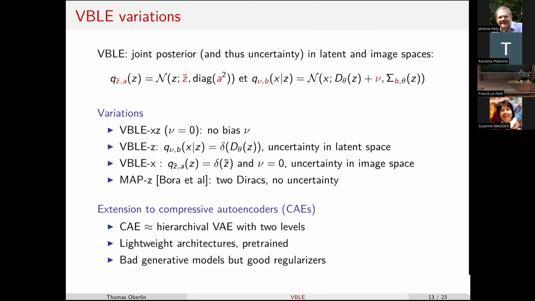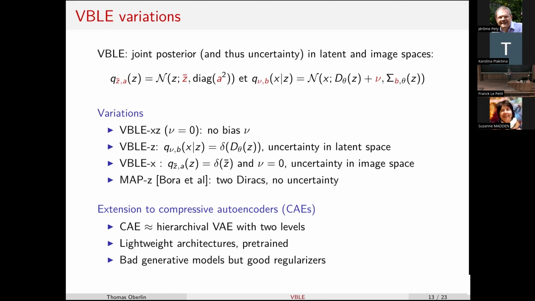Okay, there is another detail related to the architecture. Actually, we don't have good VAEs that have almost no reconstruction error, and this is a problem. And in this work, we propose to use instead compressive autoencoders, so neural networks that were trained for image compression.